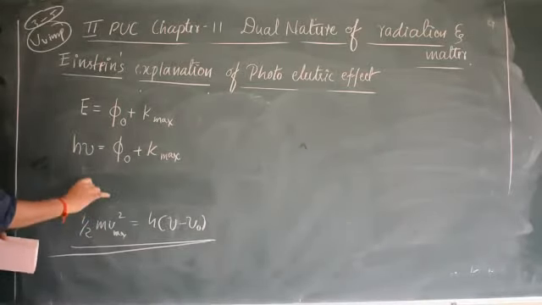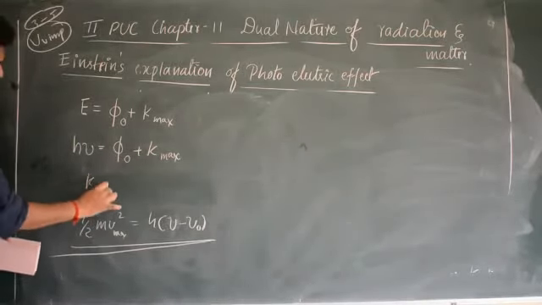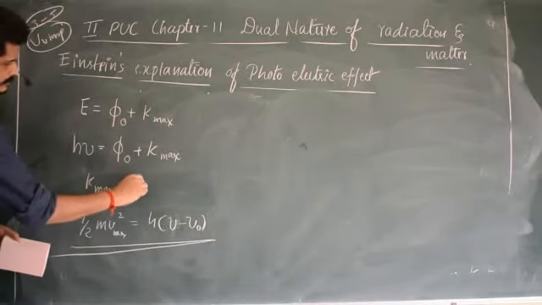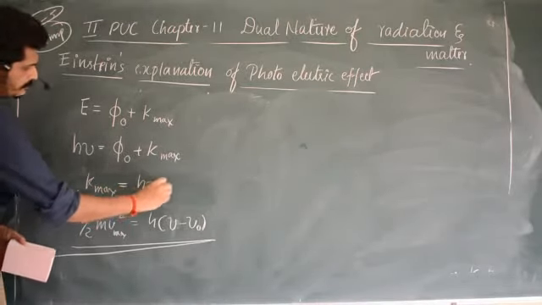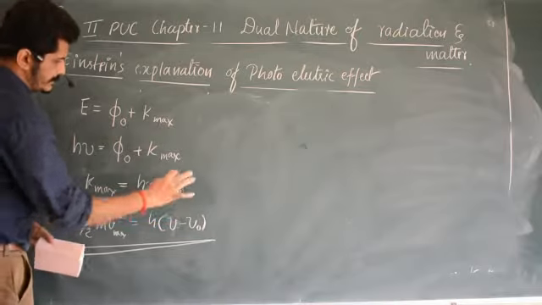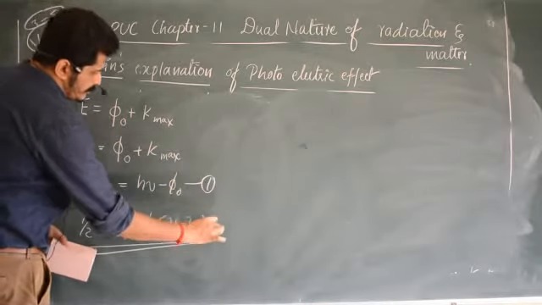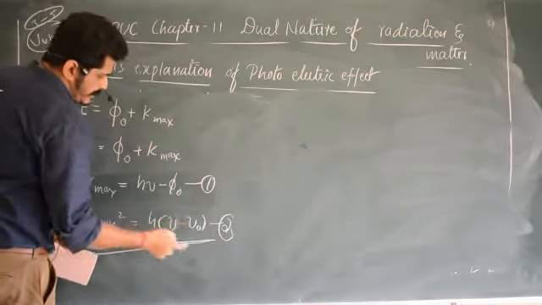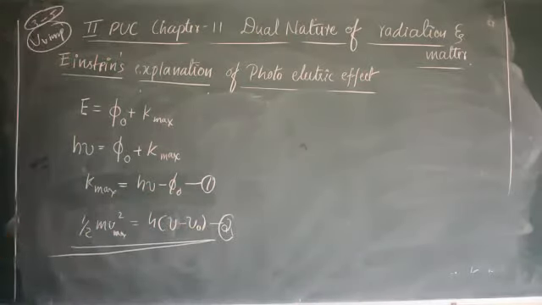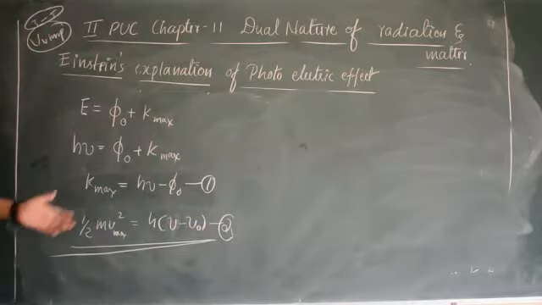K max equal to h nu minus phi naught. Let it be like this itself, so that I can frame two different equations, because earlier it looks almost the same. Now two equations are there. Both are one and the same.